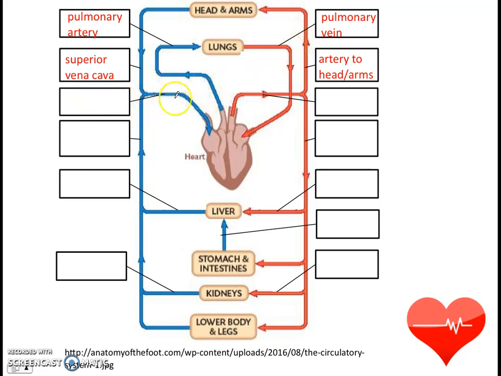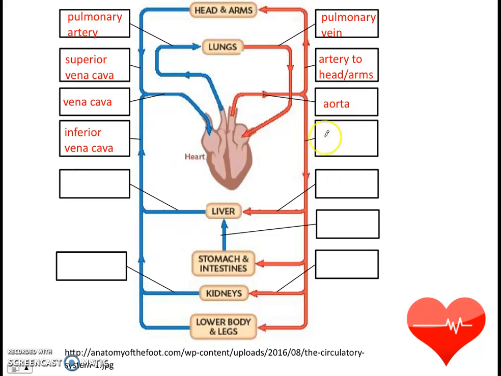This blood vessel here that goes back to the heart with deoxygenated blood is the vena cava, right? And then this blood vessel here that goes from the heart to the rest of the body is called the aorta. We already know that. Now there's a blood vessel that brings deoxygenated blood from the lower half of the body, so that's the inferior vena cava, so all the lower parts of the body. The deoxygenated blood will go through this back to the heart.